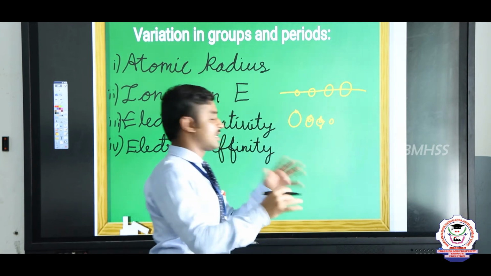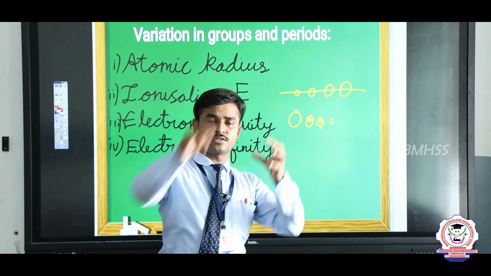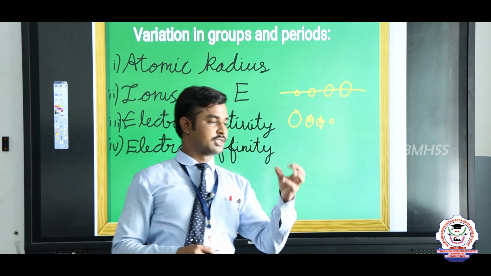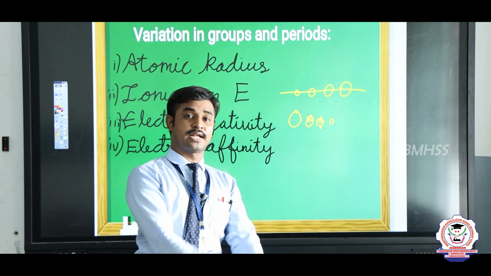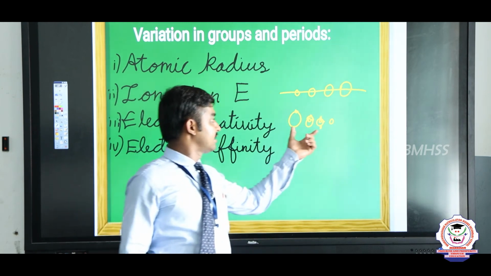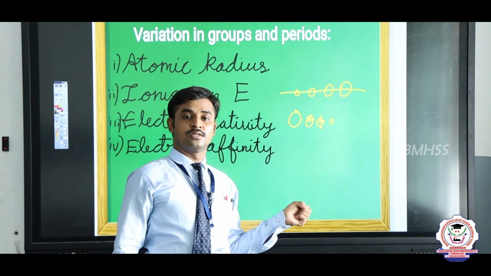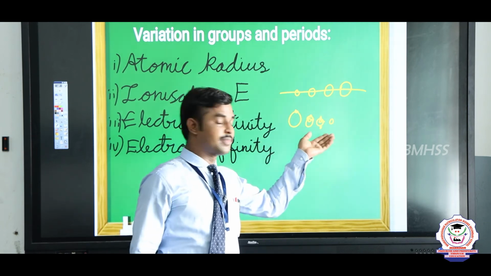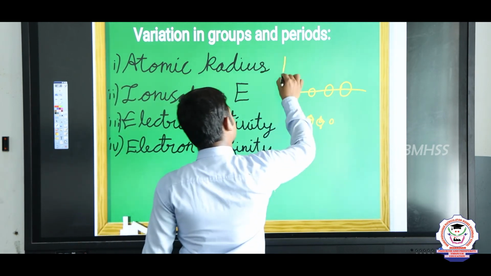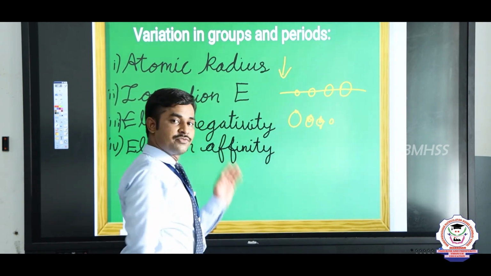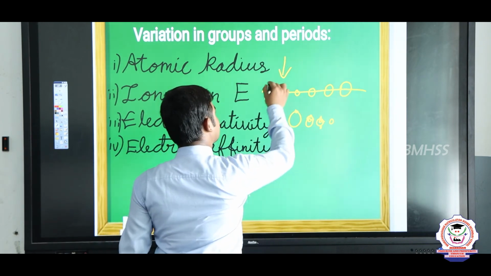When the number of electrons increases, the nucleus attracts all the electrons of the valence shell and reduces the size of the atom. So the effective nuclear charge increases, the attraction of electrons increases, and the atomic radius decreases. Only the atomic radius decreases from left to right in a period, and the others increase.